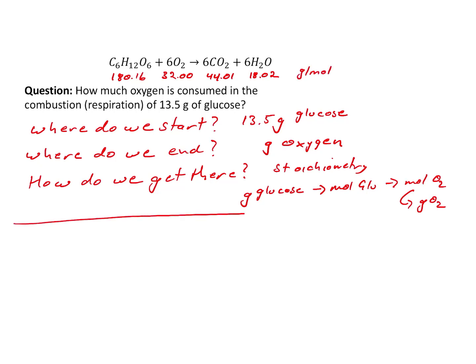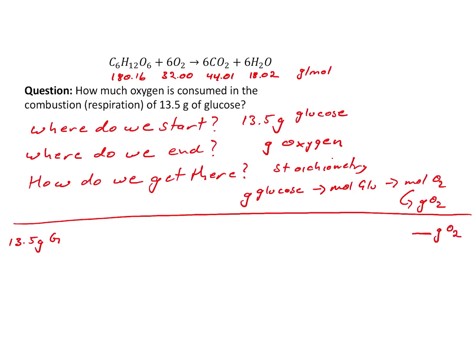So we can go ahead now and start crunching some numbers and develop our plan using the three questions that we've got. We're starting, so I'm going to put over here on the far left 13.5 grams of glucose, and I'm going to use a capital G to represent glucose so I don't have to keep writing that out. And then we're ending, I'm going to put as far over to the right as I can so I have all the space that I need, so many grams of oxygen.